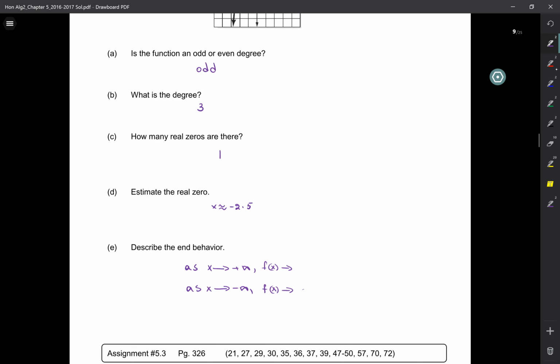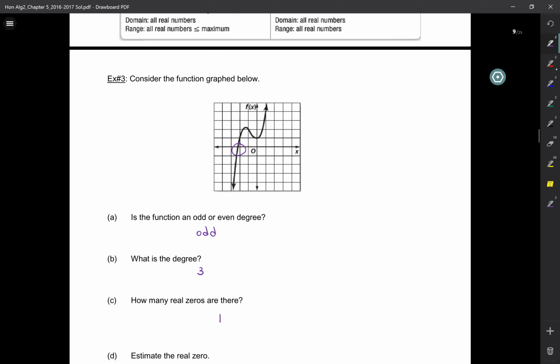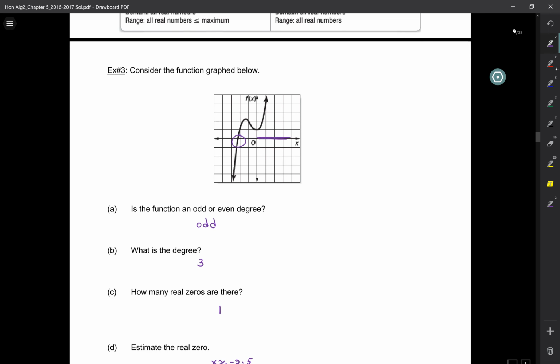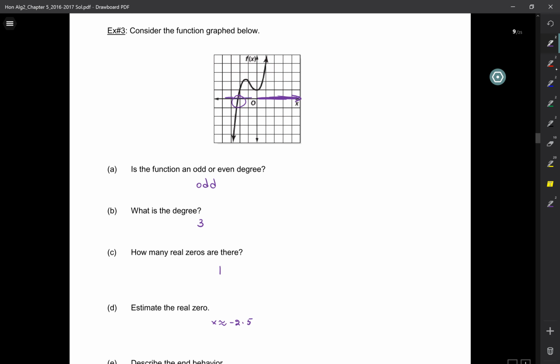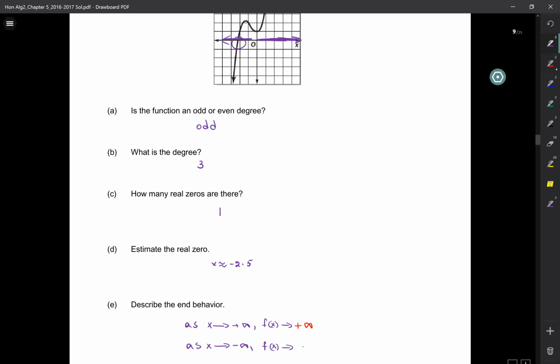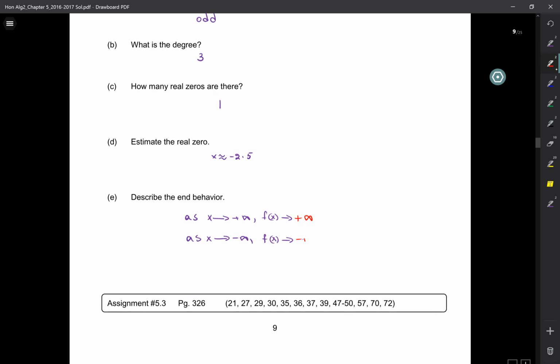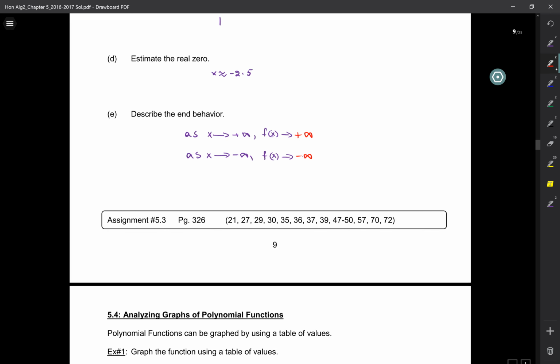As x approaches positive infinity, as I'm walking towards positive infinity, where do I see the graph going, up or down? If it goes up, then it's positive infinity. And as x approaches negative infinity, where do I see the graph going? Down to negative infinity. Okay?